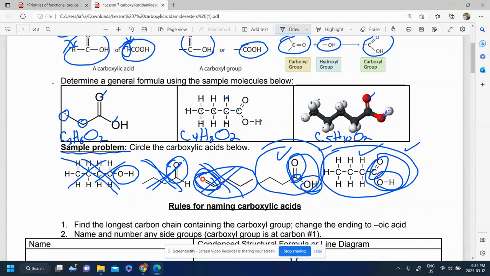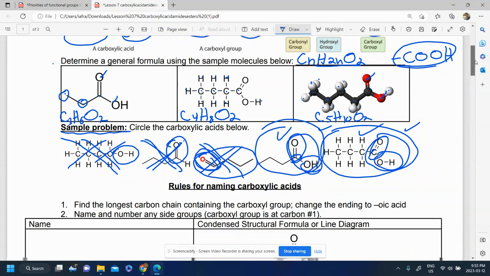So from the looks of it, our general formula is CnH2nO2. Of course, you need to make sure that within this CnH2nO2, part of your atoms form this functional group over here. Otherwise, you don't have a carboxylic acid.